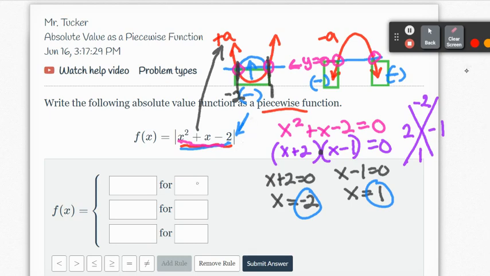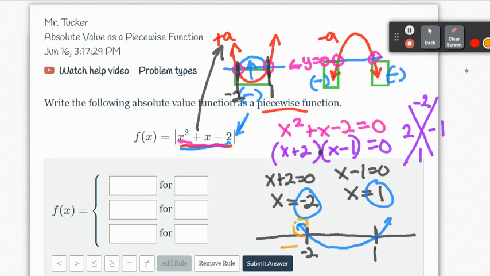So our rule here is going to be split up into 3 places. So on the number line at negative 2, we have to define what happens over here. And then at 1, we have to define what happens between negative 2 and 1 and what happens at 1. Well, this is a happy face parabola. So what that means is that everything to the left of negative 2 is already positive the way it's supposed to be.